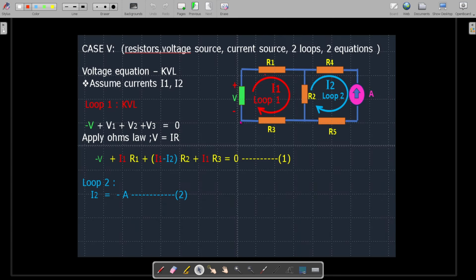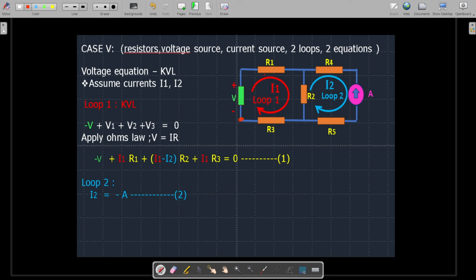To write the KVL, we start from this point and travel through this path, in which we encounter the minus sign first, so it is minus V. Then we go through R1, whose voltage can be taken as V1, then this path with voltage V2, and then this path with voltage V3.